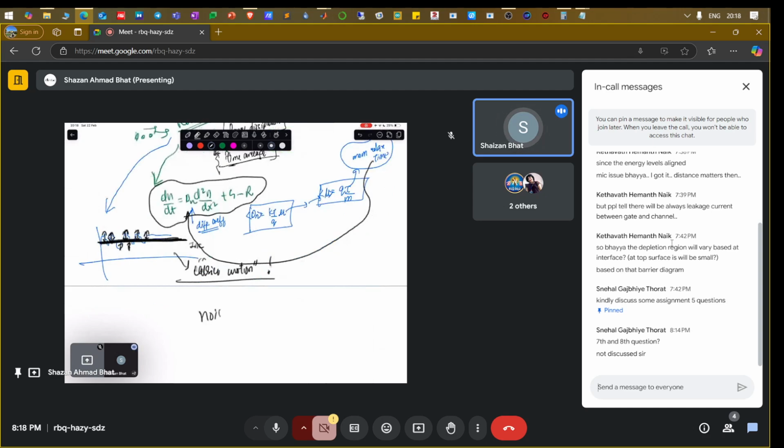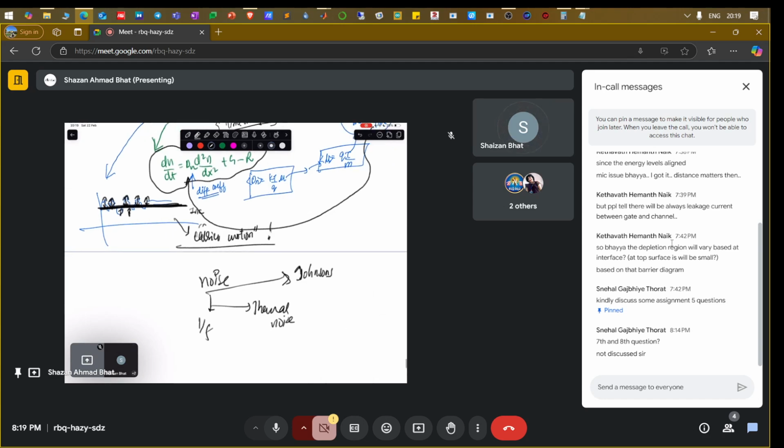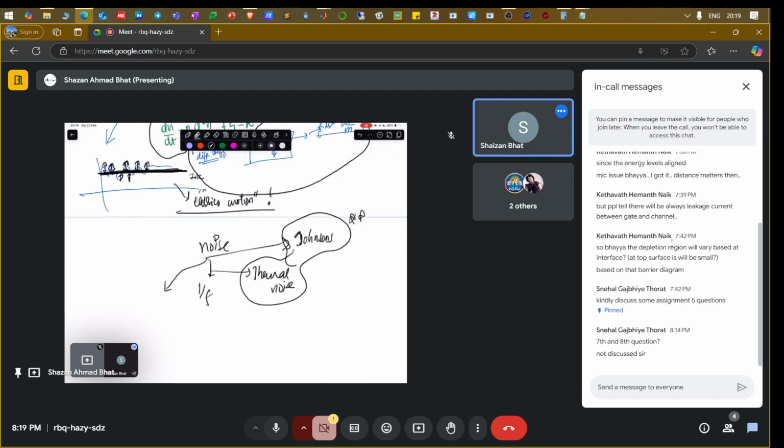Now there are other sources of noise. There is 1 by f noise, there is thermal noise, there is maybe Johnson noise. I think they are the same thing. I don't know what the names stand for, but Johnson and thermal, I think, are the same. I don't care about the names, but there is maybe shot noise too. Names don't matter, but whatever the concept is behind them, they are different sources of noise.